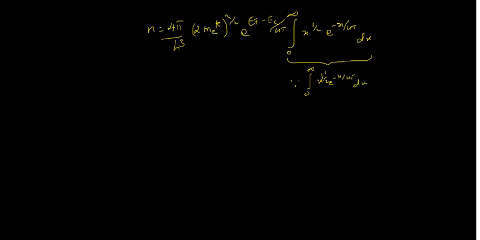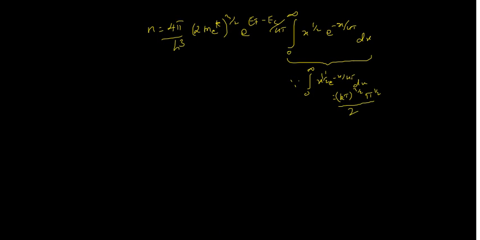This integral is a gamma function, which takes the value kT power 3 by 2 into pi power 1 by 2 divided by 2. This term is multiplied here.